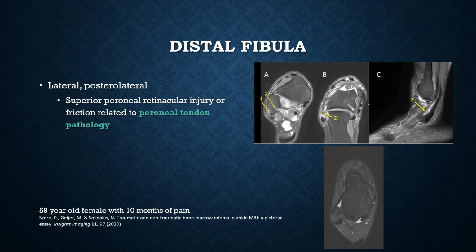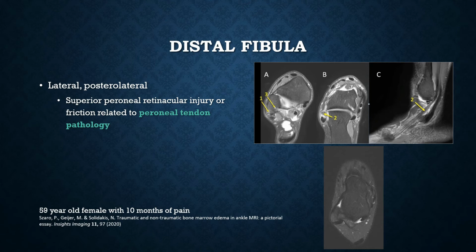When you see bone marrow edema involving the lateral or posterolateral aspect of the distal fibula, you need to start thinking about injury to the superior peroneal retinaculum or friction related to peroneal tendon pathology.